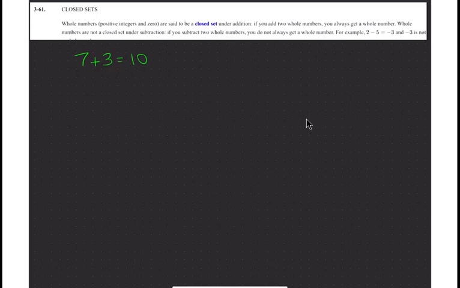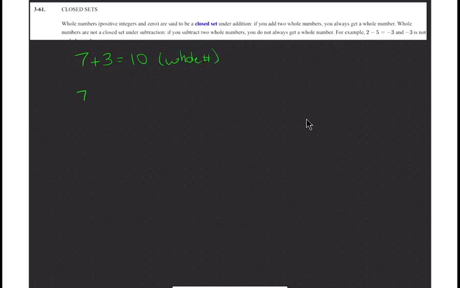Whole numbers are not closed if you subtract two whole numbers. So can you come up with an example of subtracting whole numbers where we don't get a whole number? Right, this one we got a whole number.